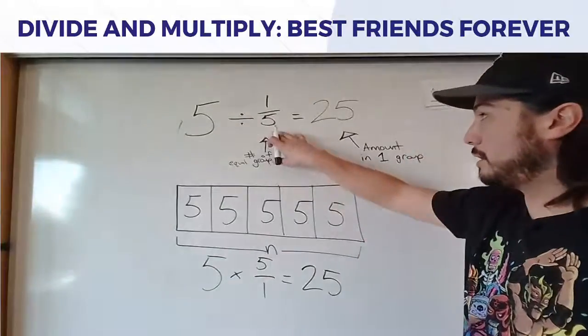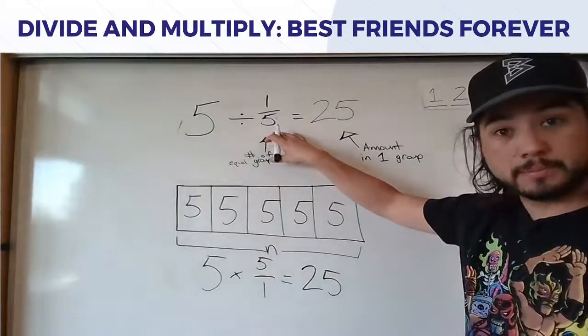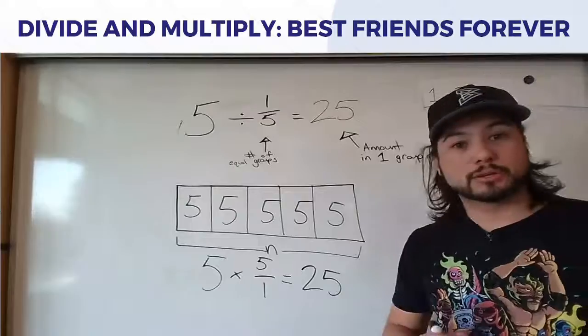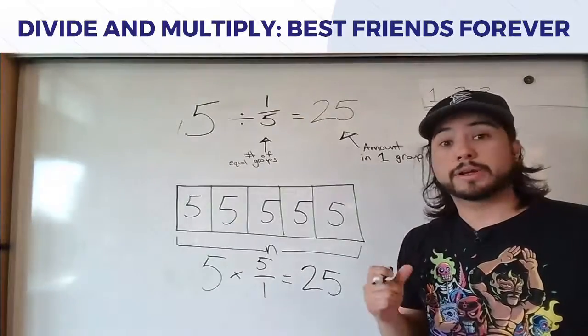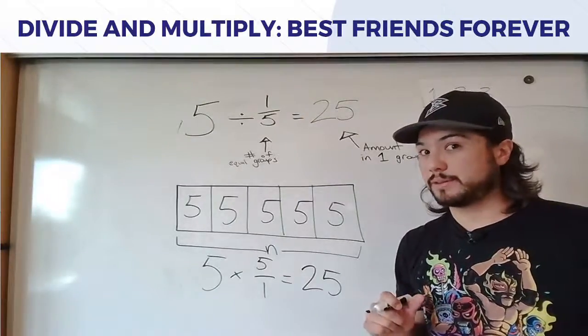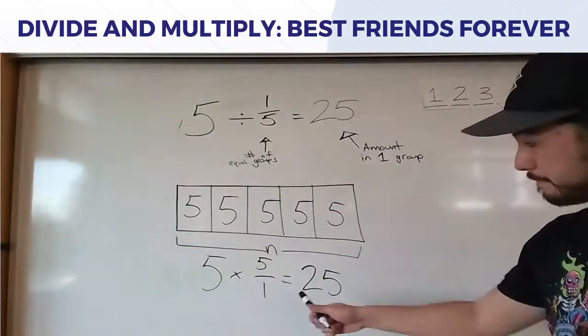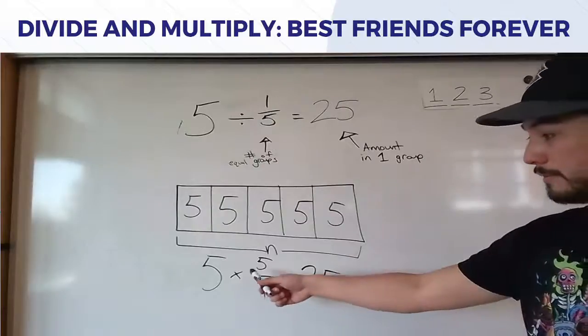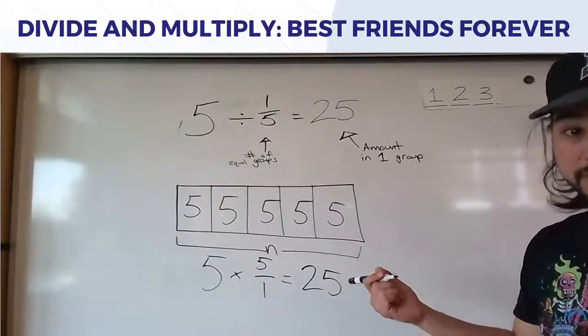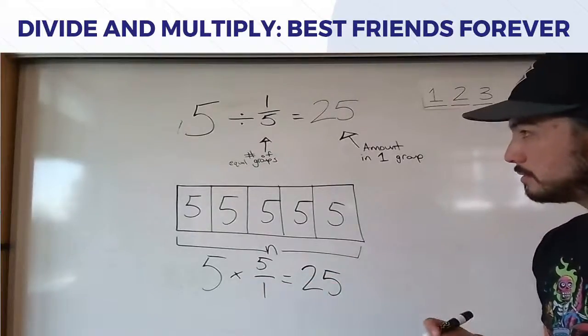You take the divisor and you switch the numerator and the denominator. You flip the numerator and the denominator for each other. And then you multiply down here. 5 times 5 over 1, or just 5 times 5, equals 25.